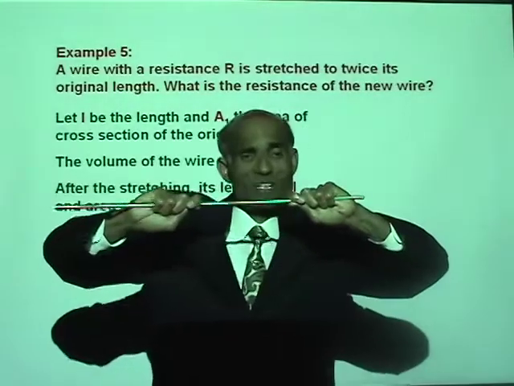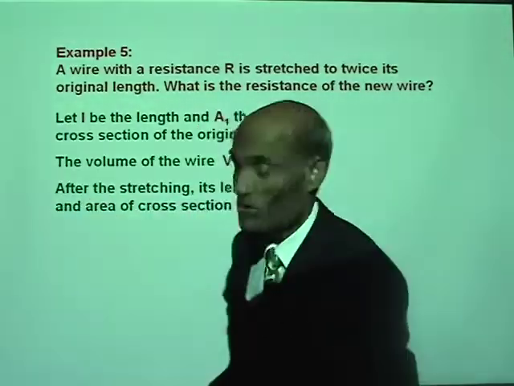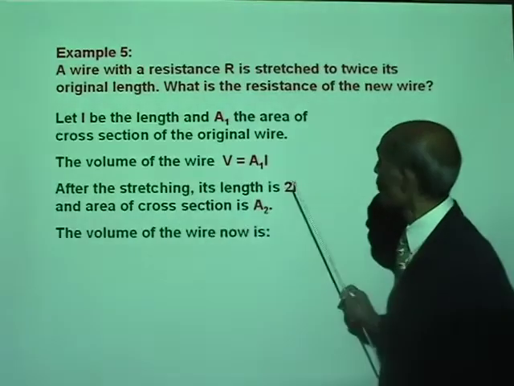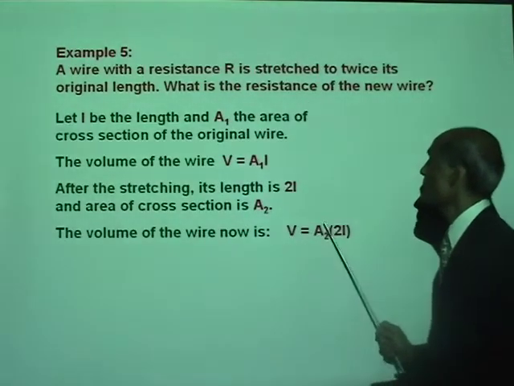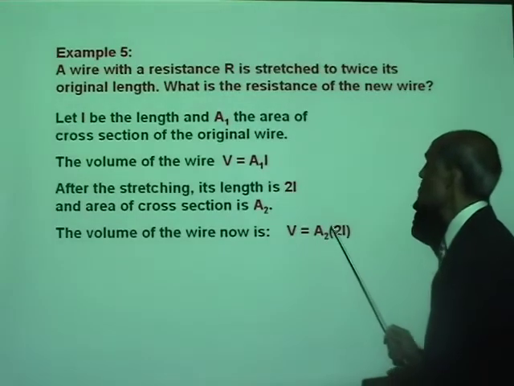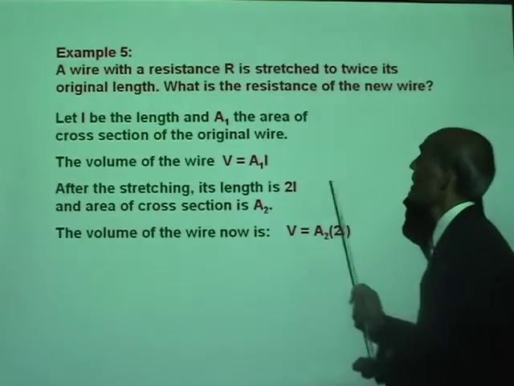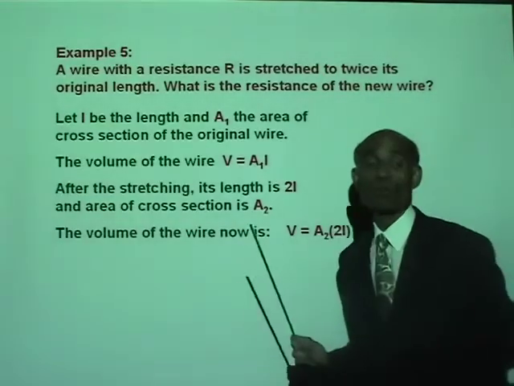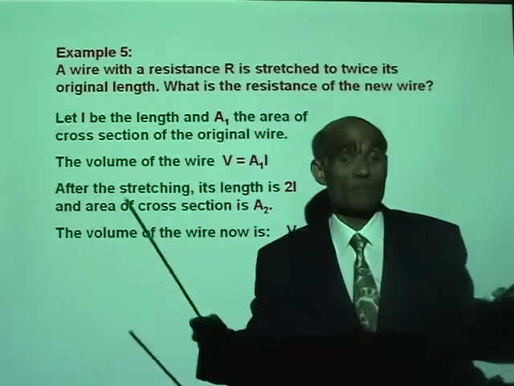Because of the stretch, does the total volume change? No. What is the new volume? The new volume is 2L times A2. But this volume is the same as the old volume. Simply by stretching, you don't change the volume.